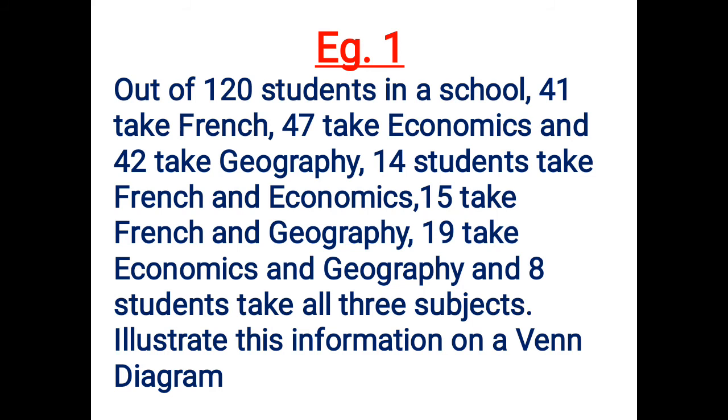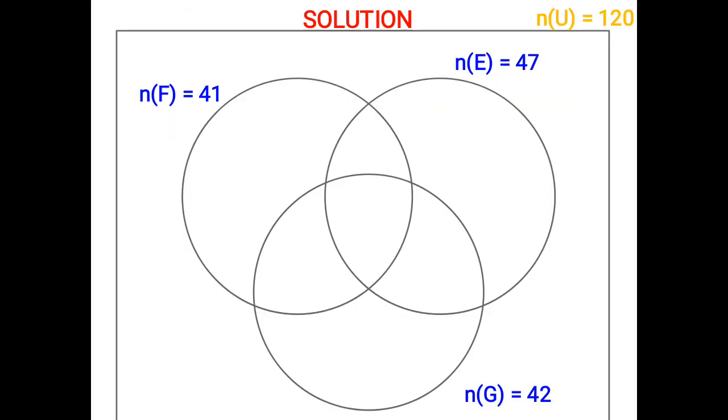So we are answering this question. I'm reading the question again. It says, out of 120 students in a school. So this is the first one I'm saying look for. That is our universal. So we look for our universal. We have seen that. 41 take French. So the next one after your universal is to look for the full circles.